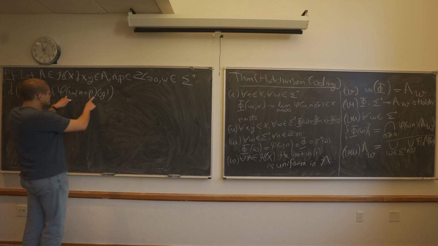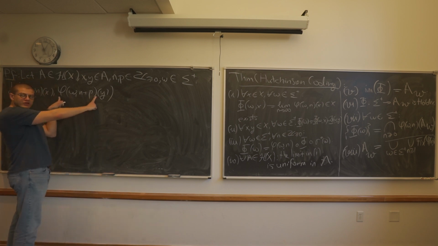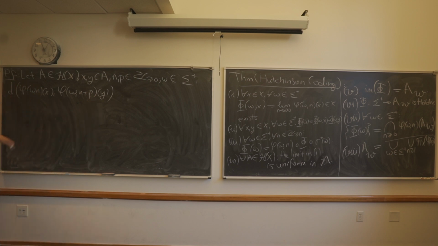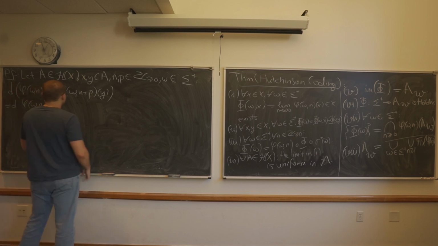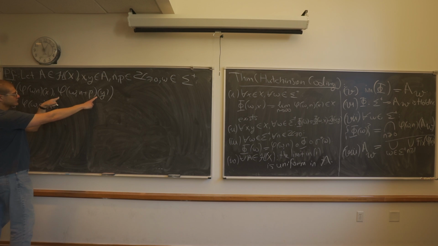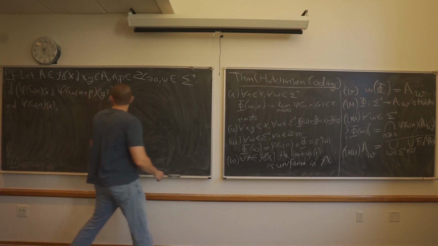The point here is that I can apply the cocycle property. So this is d of phi of omega comma n of x comma. So how do I open this? Recall that the cocycle property says this.